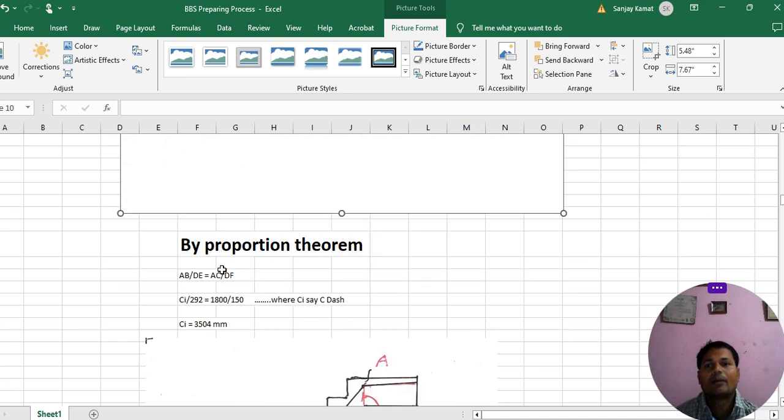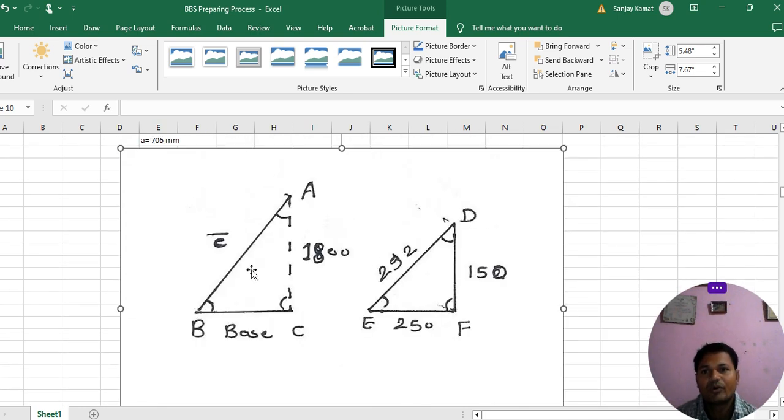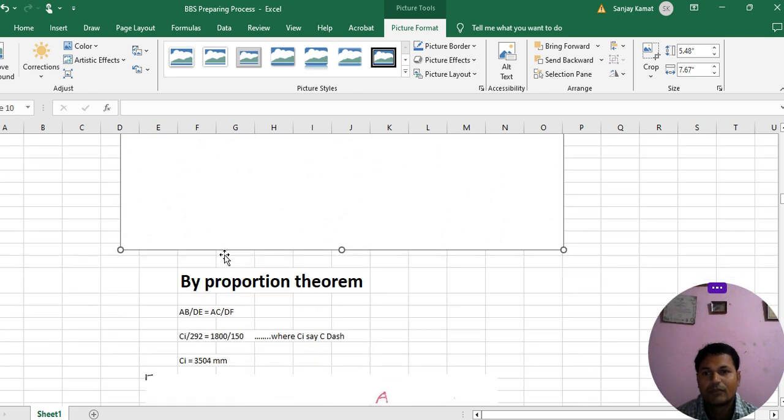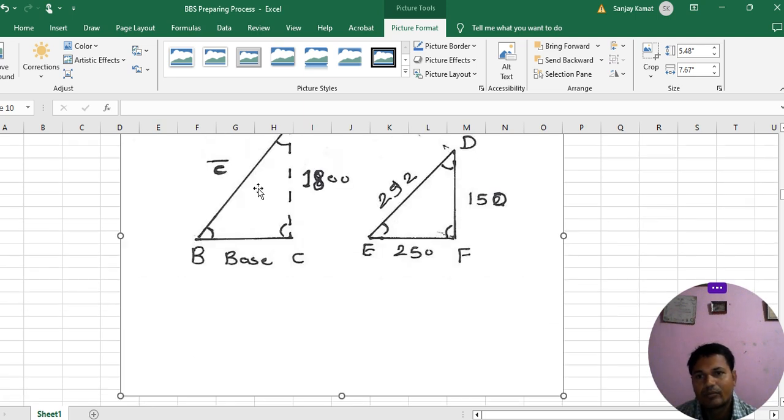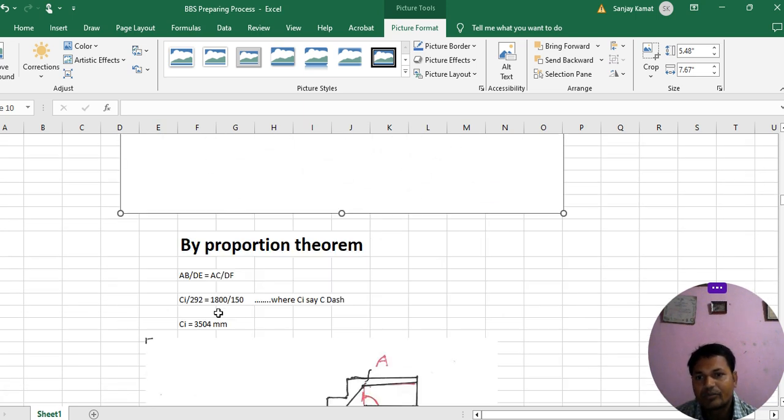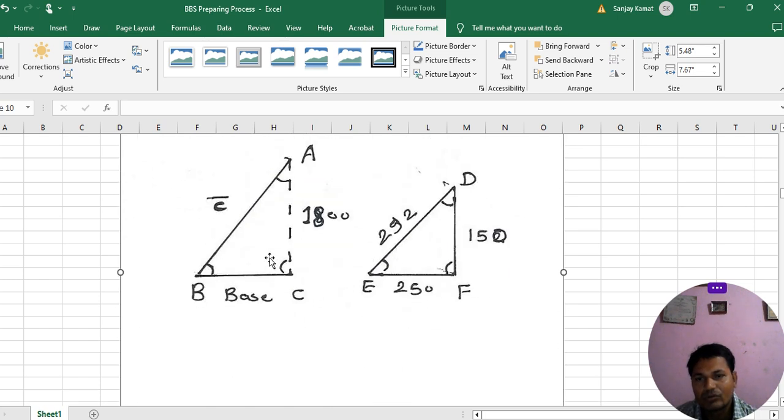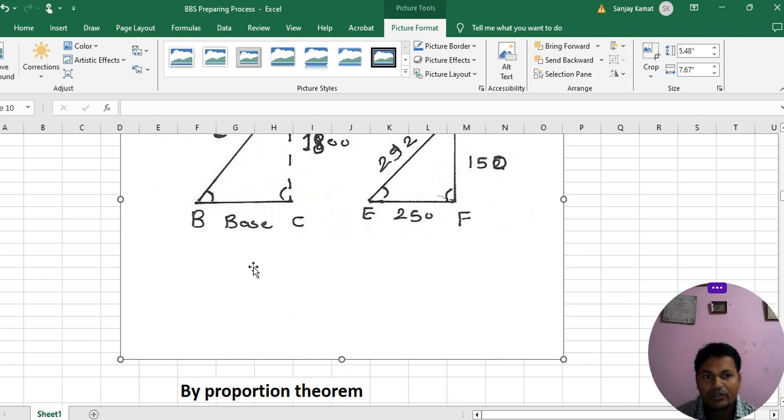Can't we write? I have written it as C dash, but to understand, in place of C dash you can write AB also. This is up to you.